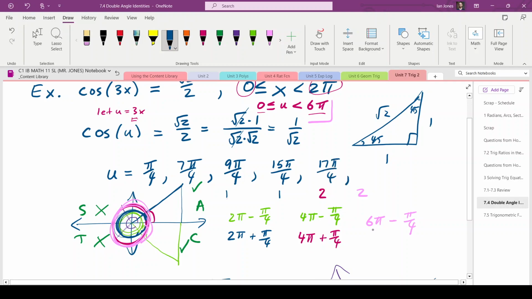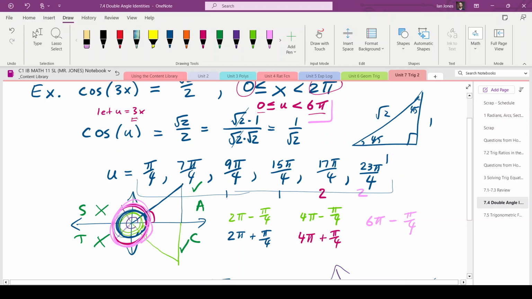And lastly, 3 circles minus a pi over 4. That's 6 pi is 24 pi over 4. 24 minus 1, 23 pi over 4. Now I've properly accounted for the full domain on u.